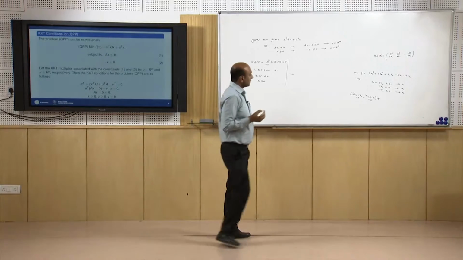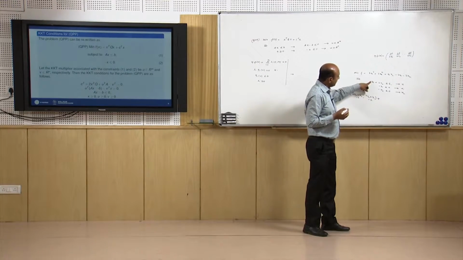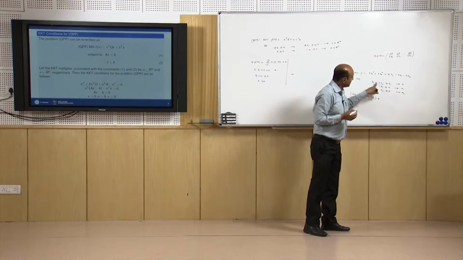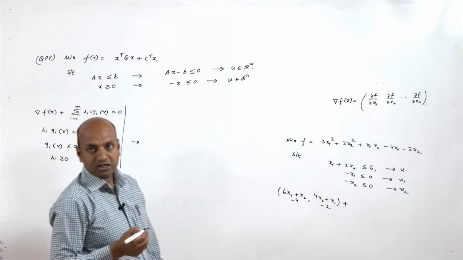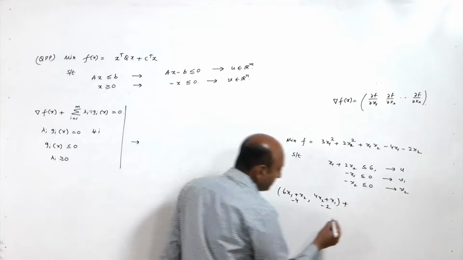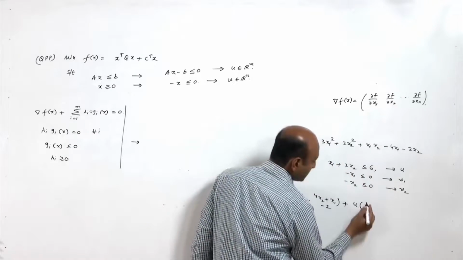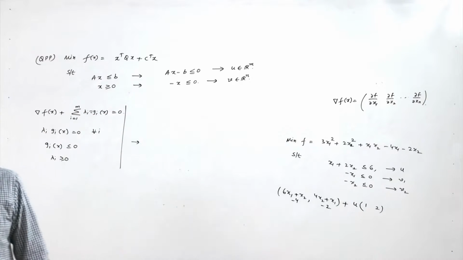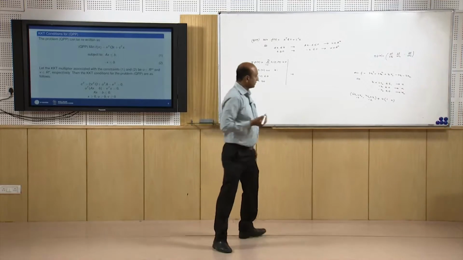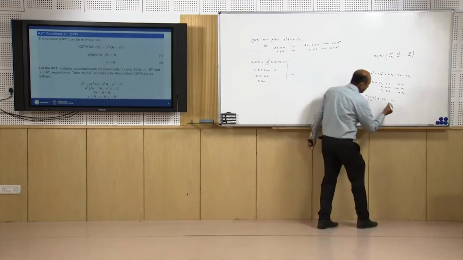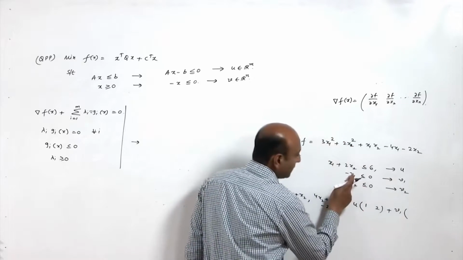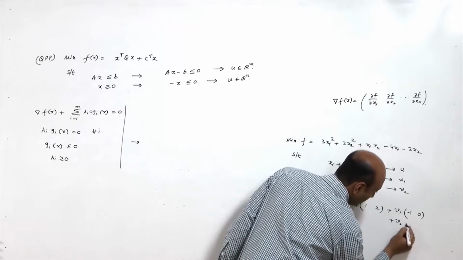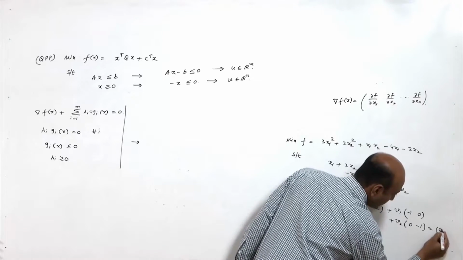There is only one constraint here, so u will be the KKT multiplier for it, and these are two constraints, so v1 and v2. Then u times the gradient of this constraint, so 1 and 2, that is del g by del x1, del g by del x2, plus v1 times the derivative of this with respect to x1 and x2, minus 1 and 0, plus v2 times 0 and minus 1, equal to 0, 0.